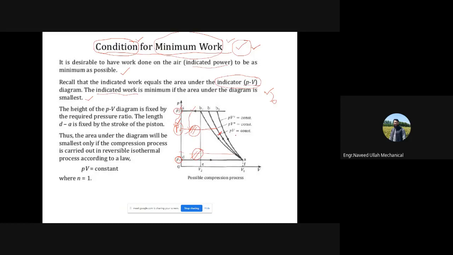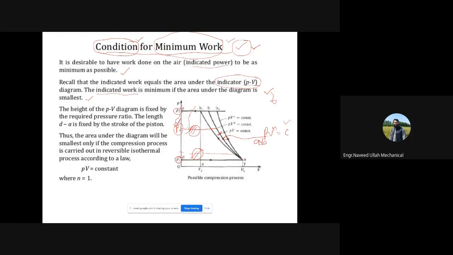Now the third one that is remaining here, somehow you can do something with this compression process. So you can see here this line AB, this one, is polytropic compression where PV^n is equal to constant, right?